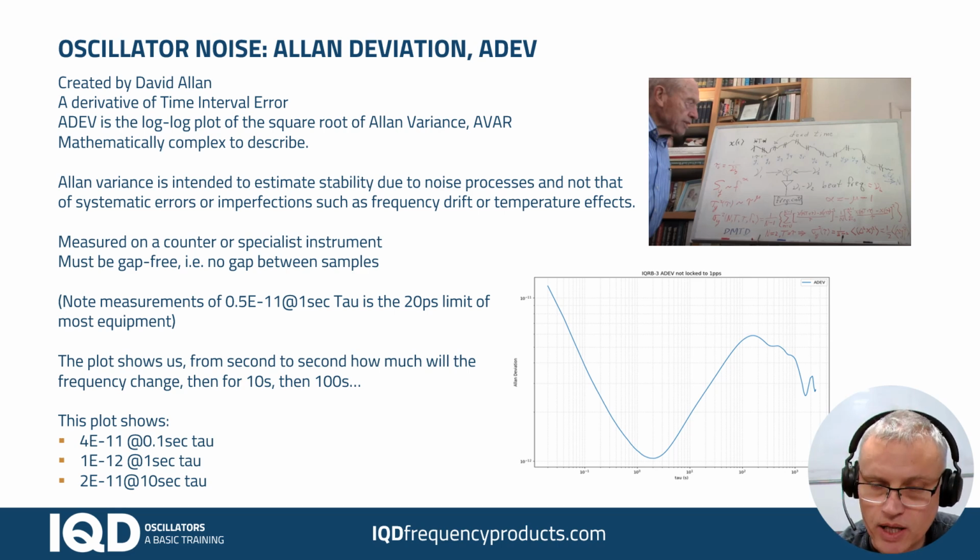And then the number that we're reading off on the y-axis doesn't really have a value that can be equated to some electrical or measurable thing beyond it being a quantity that you can compare to another Allan deviation plot from another oscillator and say this one is better than that one. So very useful metric when comparing oscillators.